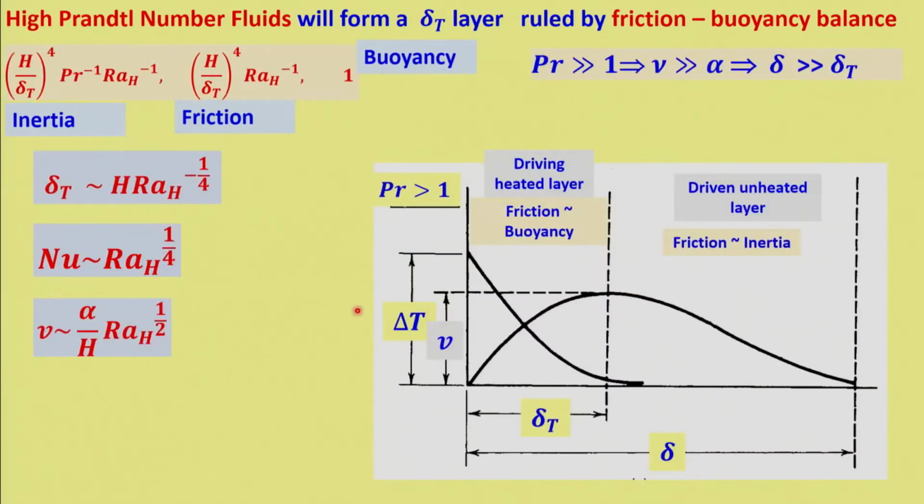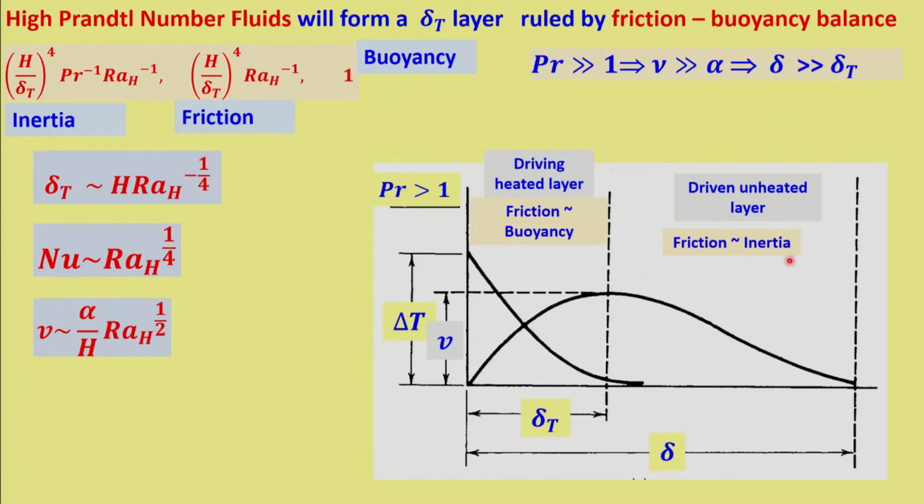Now if we try to plot delta t for high Prandtl fluids, this extends to a range of delta t, small delta t, that is the driving layer where friction is balanced by the buoyancy. Within this layer, my velocity is picked up and it has reached the peak velocity v, and beyond this delta t there is no buoyancy.